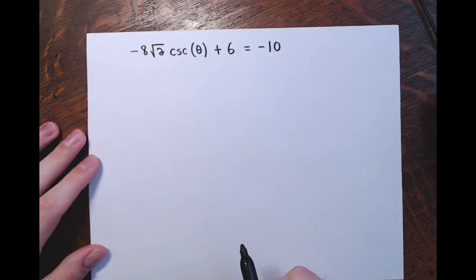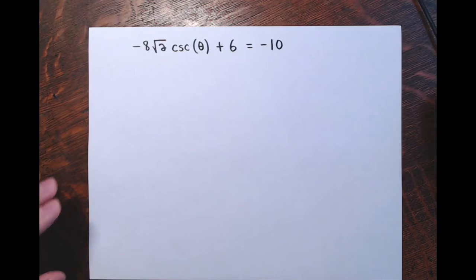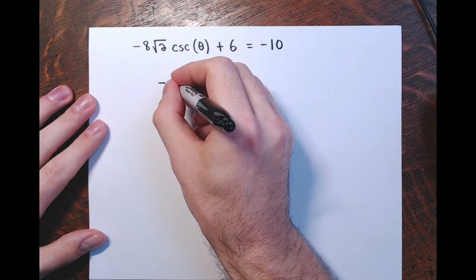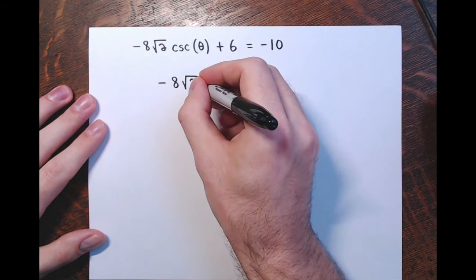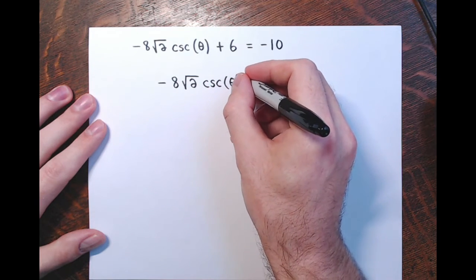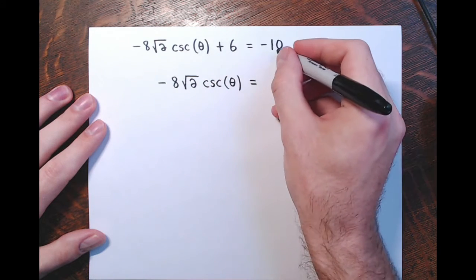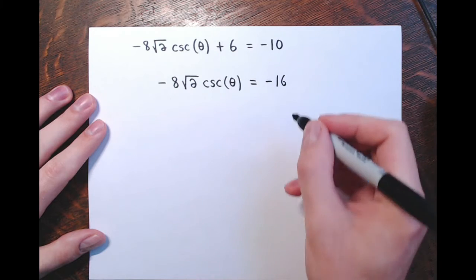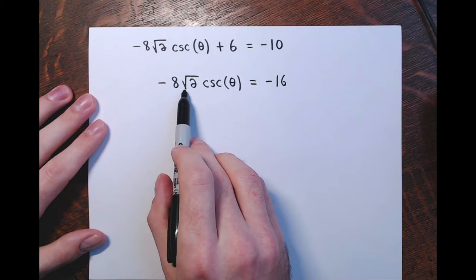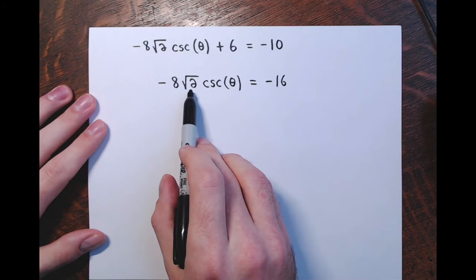So I want to isolate this cosecant of theta, get that alone on its own side. First I'd subtract 6. That gives me -8 times the square root of 2 times the cosecant of theta equals -16. Then I would divide by this -8 times the square root of 2.